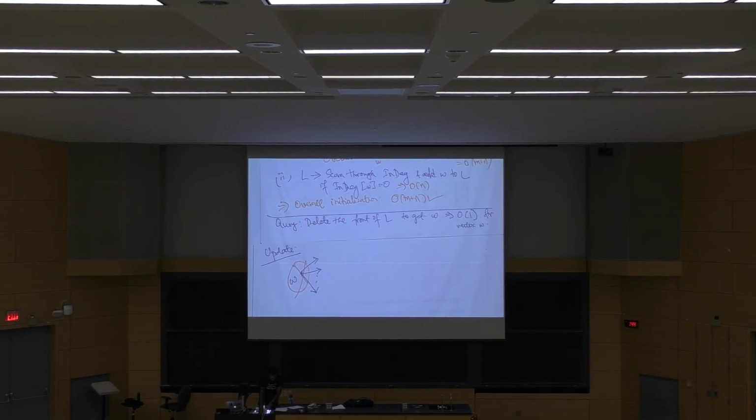So let me write it down. If we delete W, what are the vertices U such that in degree of U needs to be updated, if I'm only throwing away W and its outgoing edges?